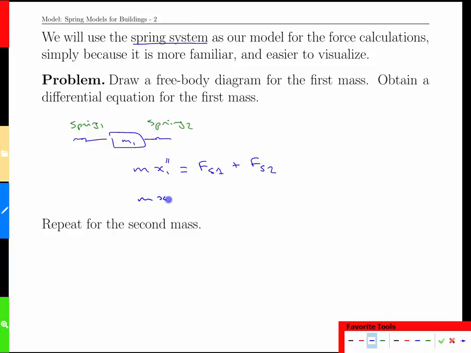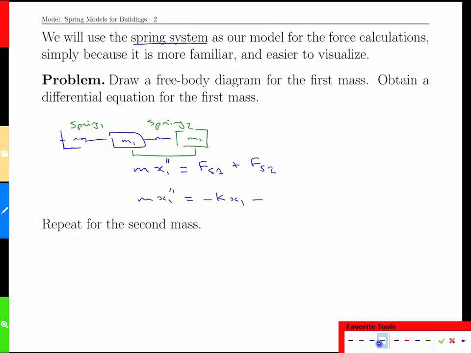And that spring 1, we've seen this before, because it's attached to a wall here at the other end, we're going to have simply negative k x1. The more this thing moves out, the larger the spring force is because it's away from equilibrium relative to the wall. The other one's a little trickier. So if we have the second mass here, it's not part of our free body diagram, but it's relevant to this force calculation.